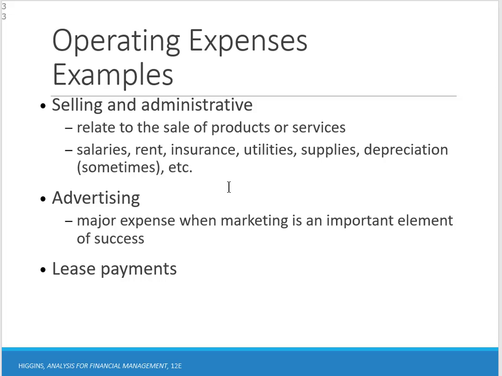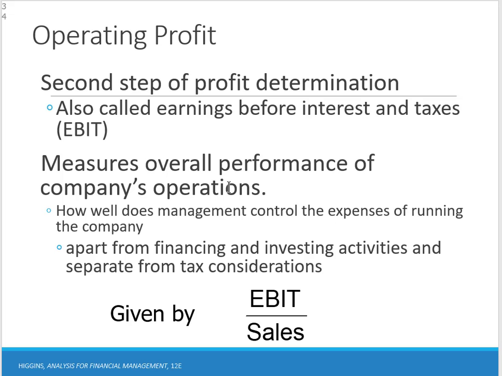So when we get to operating income, this then looks at how does the company control the expenses of running the company. So it ignores, if you look at the formula here, it's EBIT divided by sales. So what's left after EBIT? It's the other non-operating expenses, primarily interest and taxes.